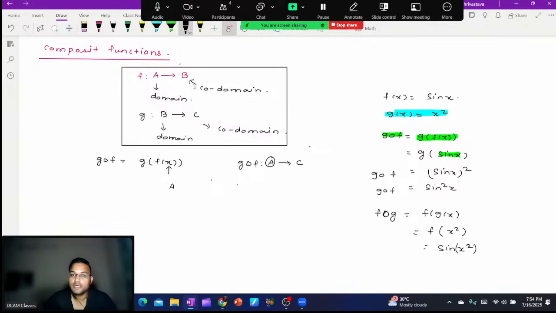For A, the output you are getting is B. For f, the output is B, and for those values of B, you should be getting C. Now, if f circle g is defined, then these kinds of conditions should be there: g should be mapping from A to B, and f should be mapping from B to C. In that case, f circle g will be mapping from A to C.